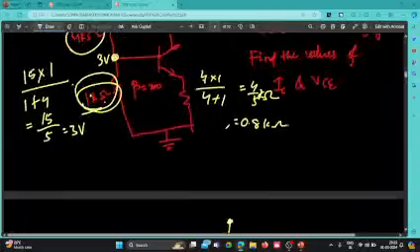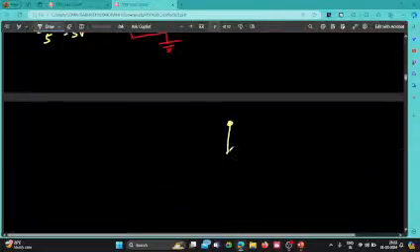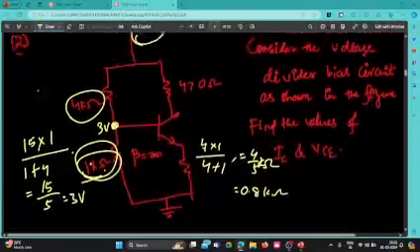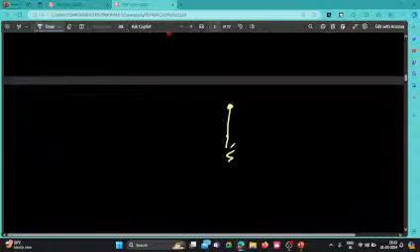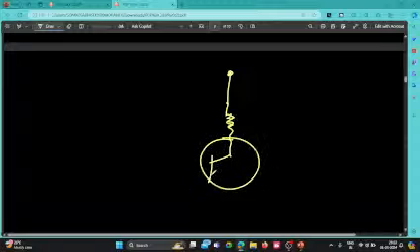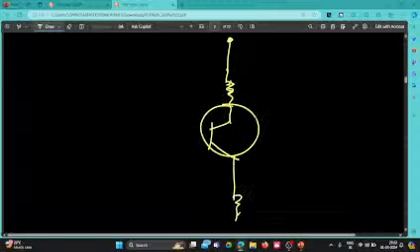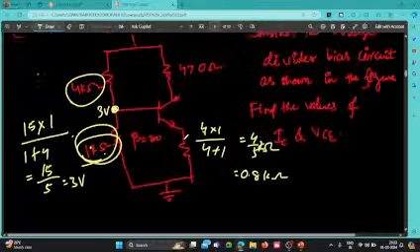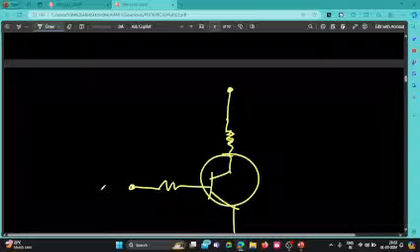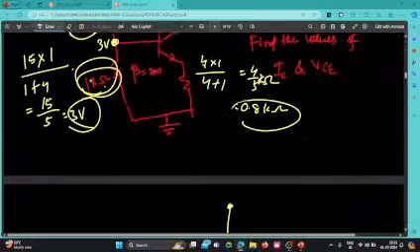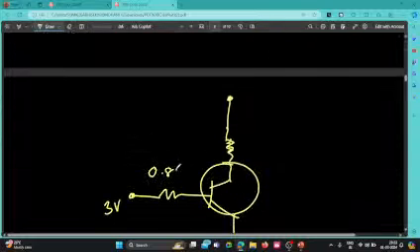So this is the 15. This will become like this. And the voltage we got will be here, 3 volt, and the resistance will be 0.8 kilo ohm.